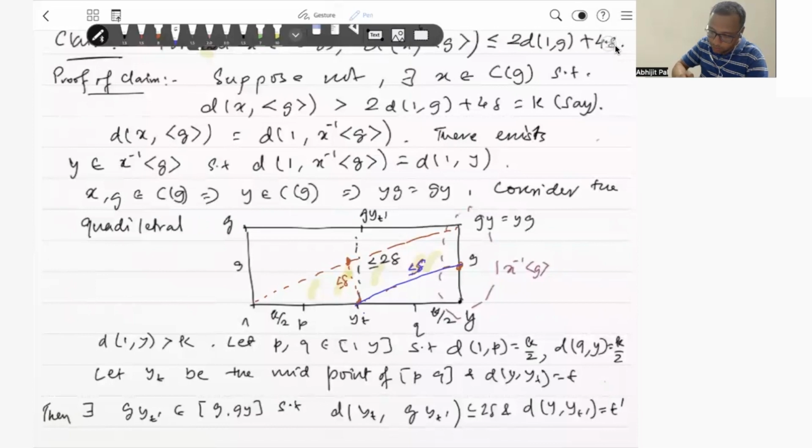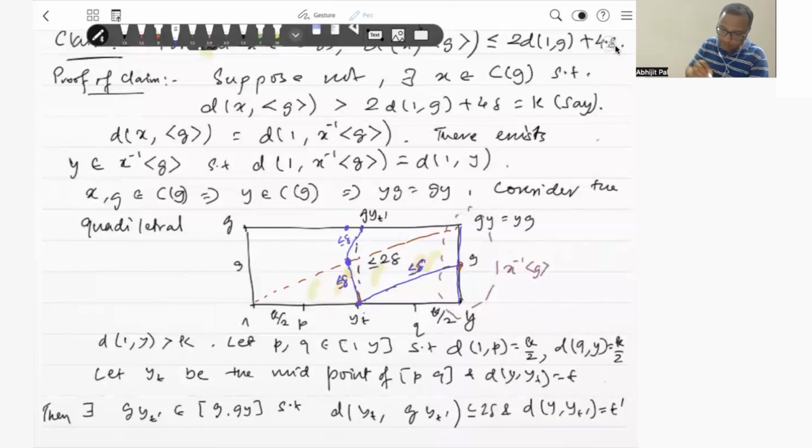So k by 2 is equal to the distance of 1 and g plus 2 delta. So we'll have a contradiction if the distance of yt to this side is less than or equal to delta. Therefore we'll get a point here such that the distance will be less than or equal to delta, and similarly, by the same reason, there will exist a point here which I have called gyt prime. So this distance will again be less than or equal to delta.